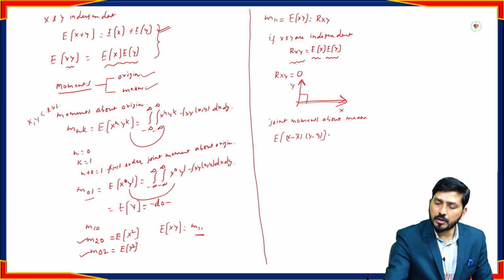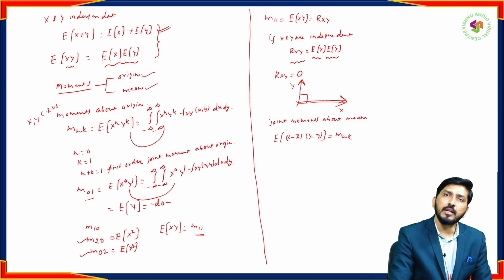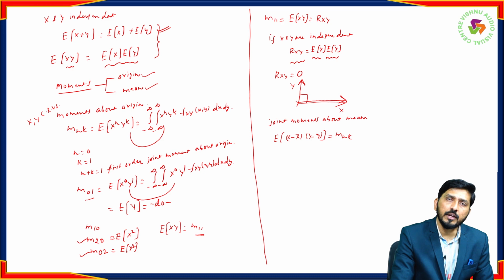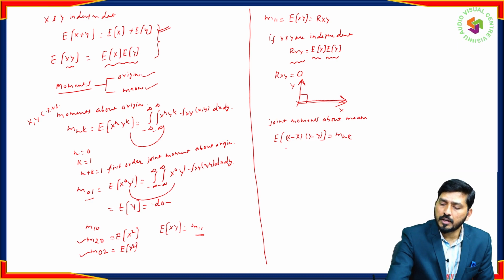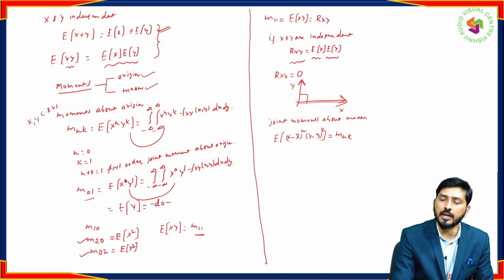This is similar to m n k, where the sum of n plus k gives the order of the moments about mean. So this is written as expectation of x minus x bar power n and y minus y bar power k.